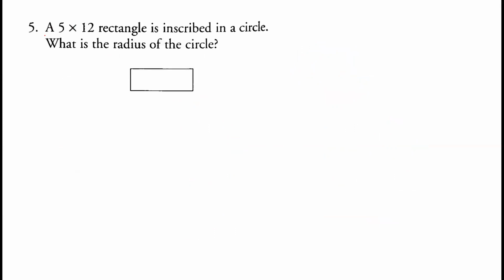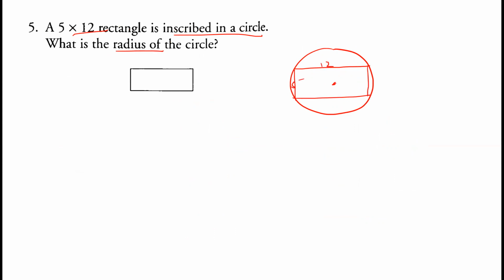Now question 5. A 5 by 12 rectangle is inscribed in a circle. So we have this circle and we have this rectangle. Now this is 5 by 12. Now what is the radius of the circle? So the radius of the circle would be half of the diameter. Now over here the diameter is your diagonal, so this is your hypotenuse.